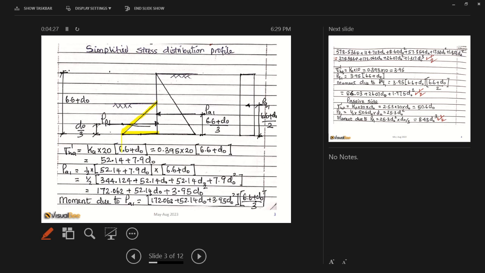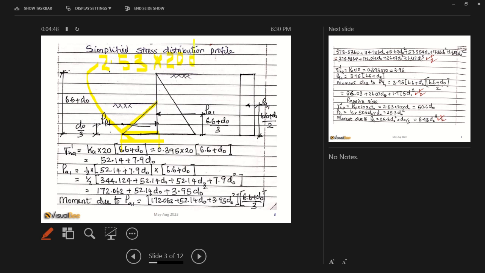Because we already have dealt with this, it's easier to proceed to this, so that you can connect the dots. This value is Kp, which is 2.53, I think, times gamma which is 20, and times d.